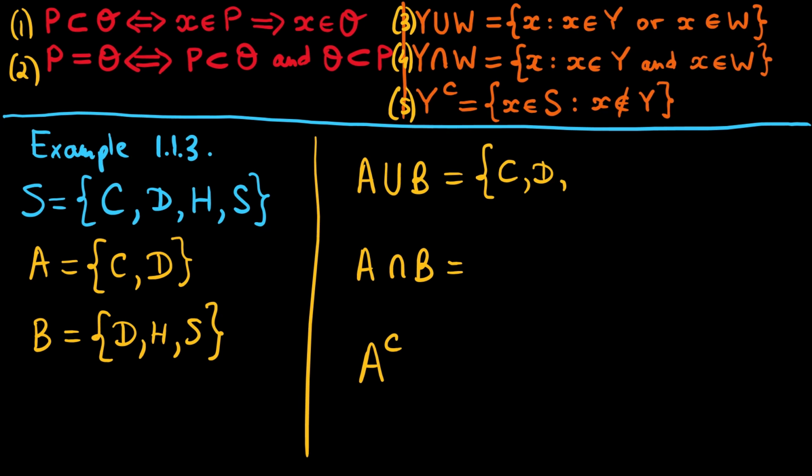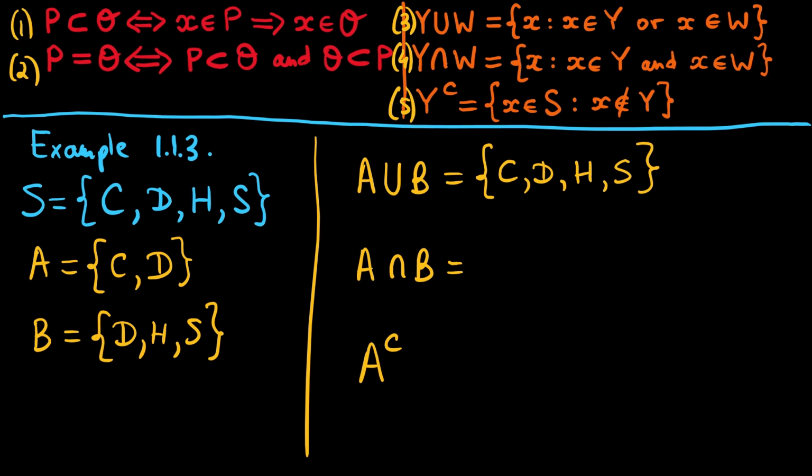We already included D, and a set contains unique elements, so we're not going to repeat D, but we will include the other elements of B, H and S. So these are the elements in A union B.